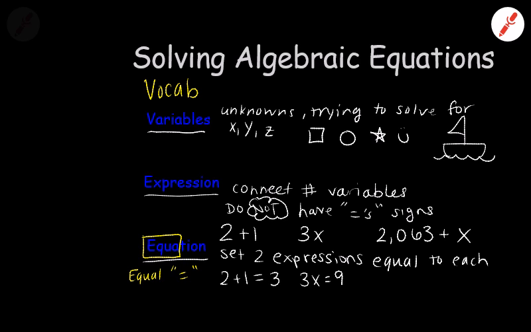So what we're really saying is 3 times some number equals 9. For the next example, and the last one I'm going to go through for this video, 2063 plus x equals, let's say, just 2. Now in this case, we could read this as 2063 plus some number equals 2.